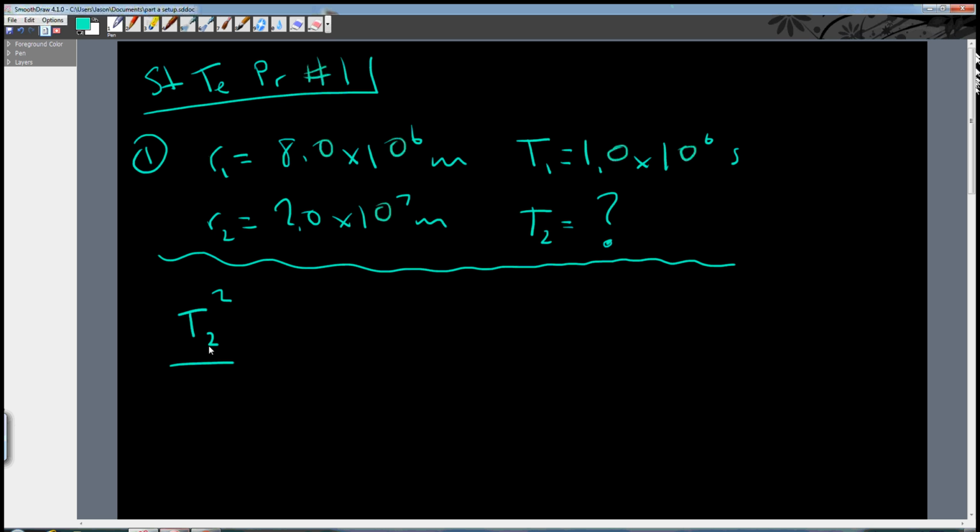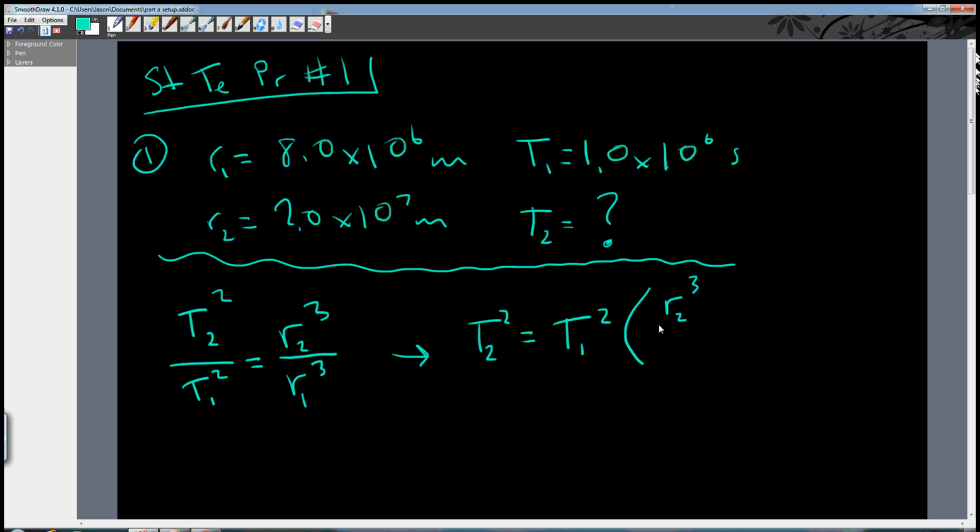So it's T2 squared over T1 squared equals R2 cubed over R1 cubed. Hooray. Now I'm just going to multiply both sides by T1 squared, and so that'll give me T2 squared equals T1 squared times R2 cubed over R1 cubed.